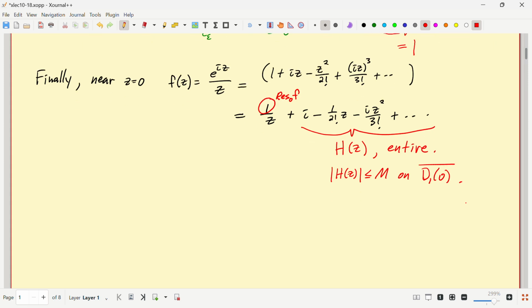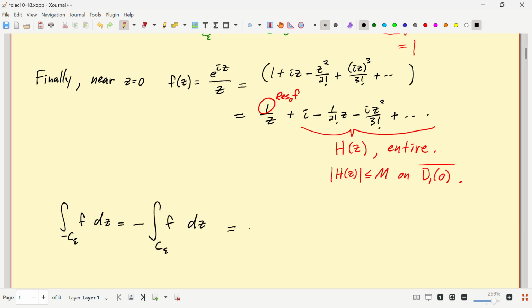Since it's a continuous function on a compact set. And so now I can calculate the integral along minus c sub epsilon of f of z dz. That would be minus the integral along c sub epsilon of f dz.